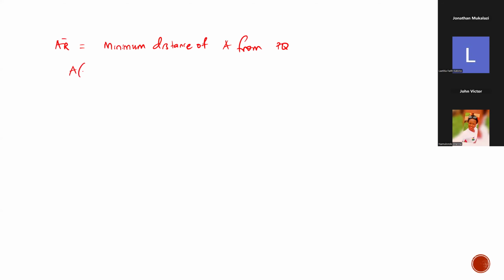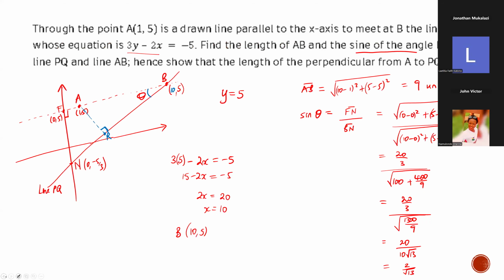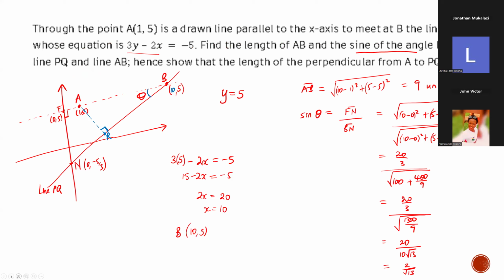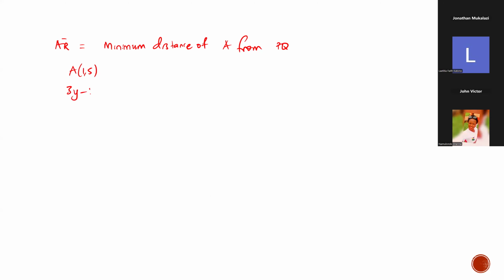Coordinates of A are (1, 5), and then the line PQ, its equation is 3y minus 2x is equal to negative 5. So we could rewrite this as 2x minus 3y minus 5 is equal to 0.